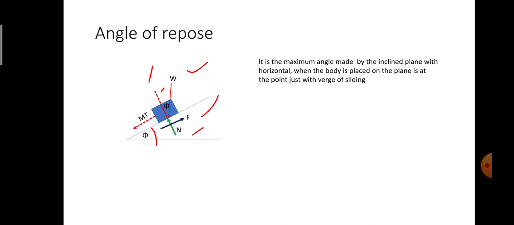That point where the body starts to slide, that angle is called the angle of repose. The angle at which the body is just at the verge of sliding is called the angle of repose.